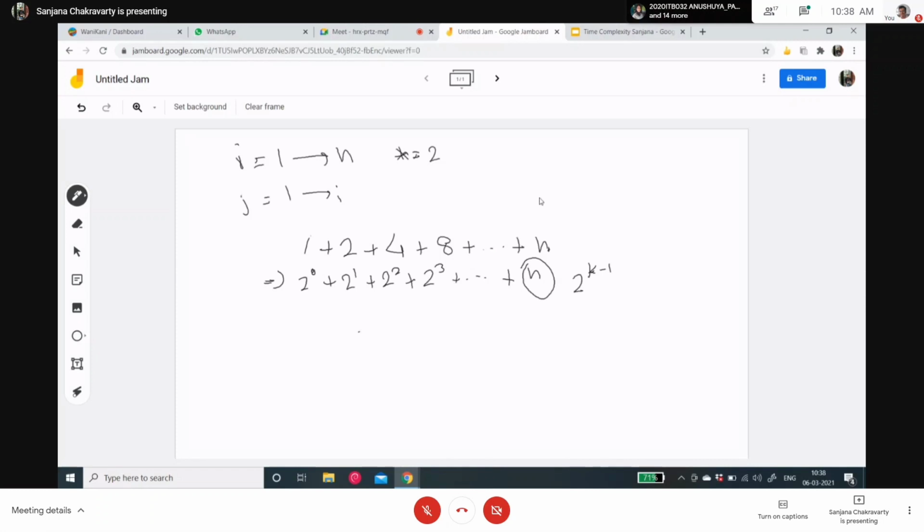So now 2 to the power k minus 1 is equal to n, which means k is equal to log of n, right? Almost log of n plus 1, but we are not really bothering with the constant terms. We don't really care what the constant term is.